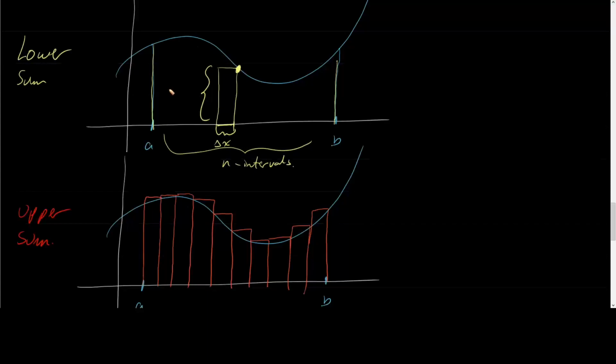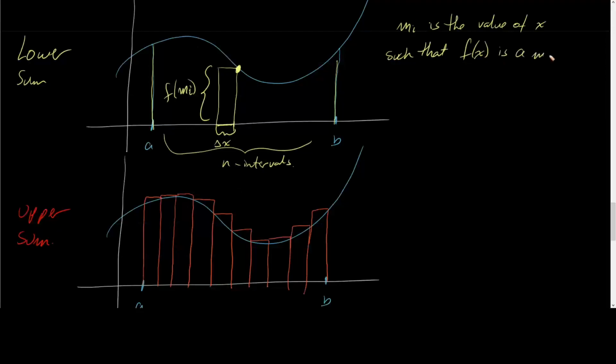So I'm going to say that this is just f of m sub I, where m sub I is the minimum value. So m sub I is the value of x such that f of x is a minimum on the interval.